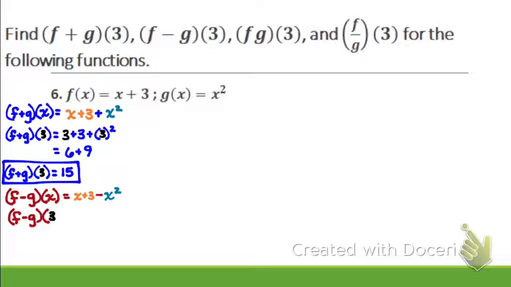So I'm going to substitute 3 in the place of x. So I have 3 plus 3 minus 3 squared. So 6 minus 9, which is going to simplify to be negative 3.